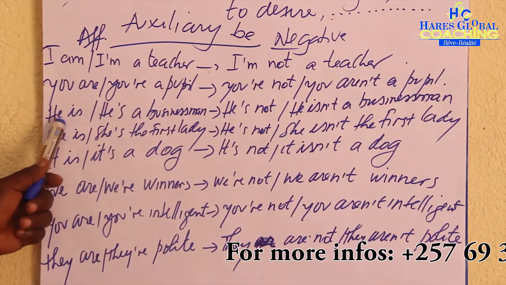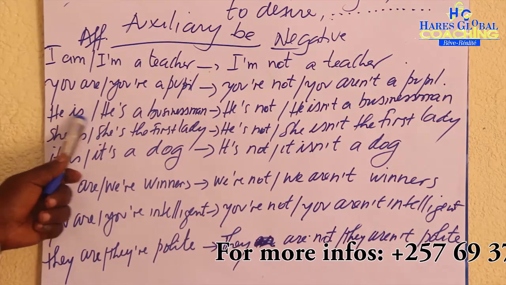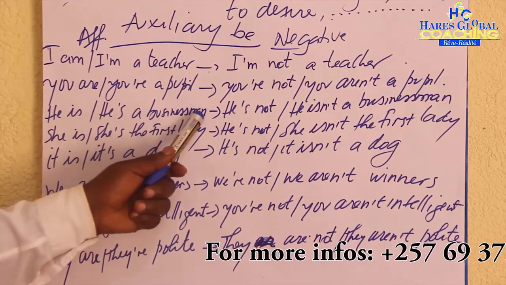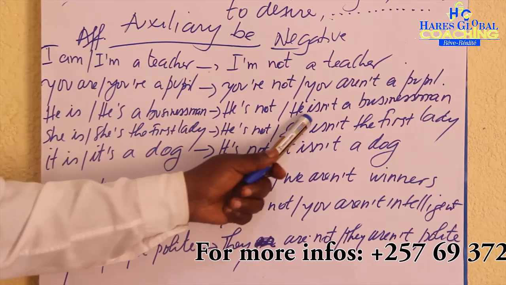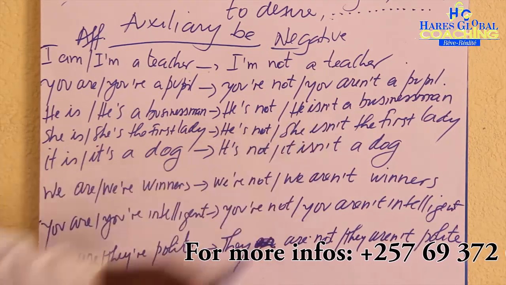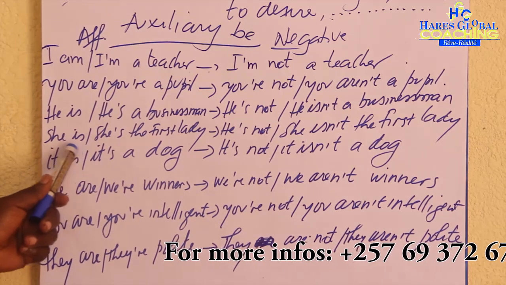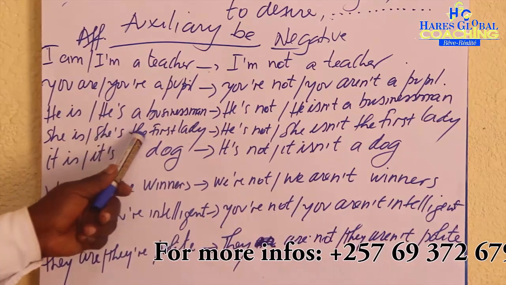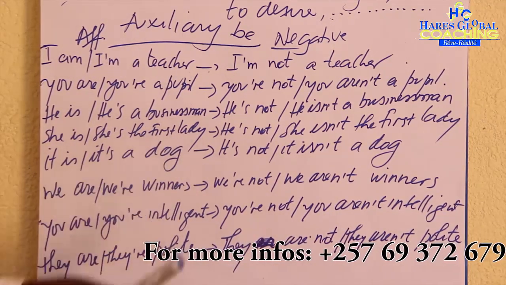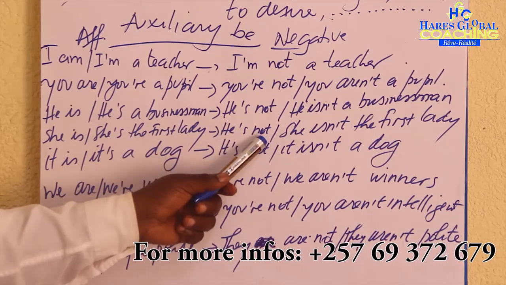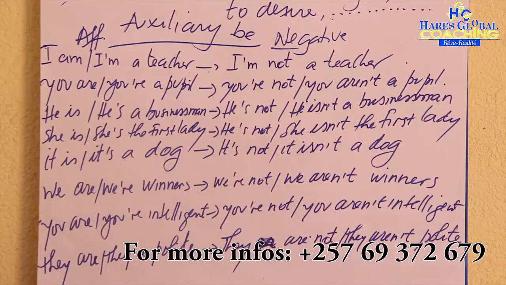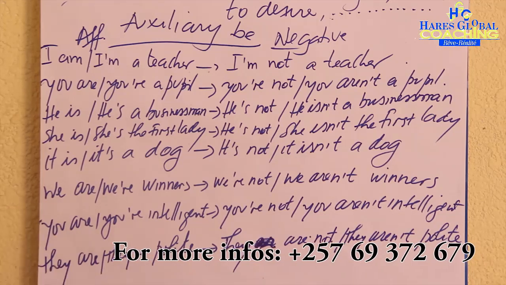He is or he's a businessman. He's not or he isn't a businessman. She is or she's the first lady of the country. She's not or she isn't the first lady. Negative.